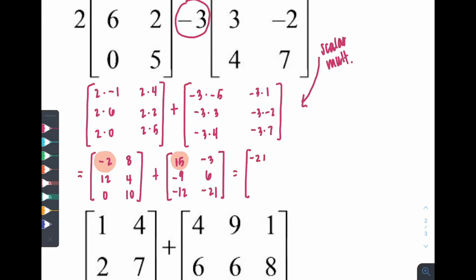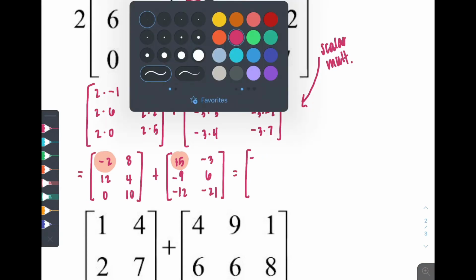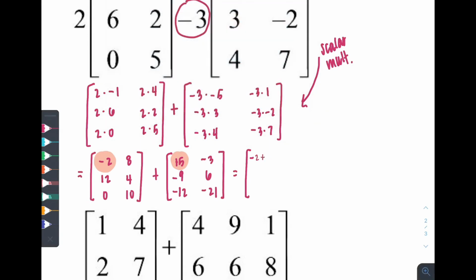So negative 2 plus 15, 12 plus negative 9, 0 plus negative 12, 8 plus negative 3, 4 plus 6, and 10 plus negative 21.